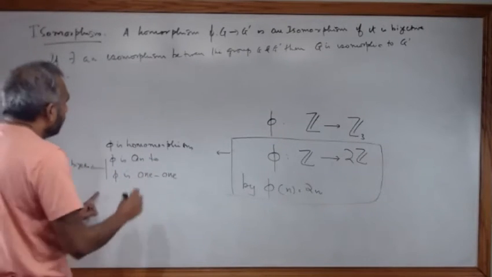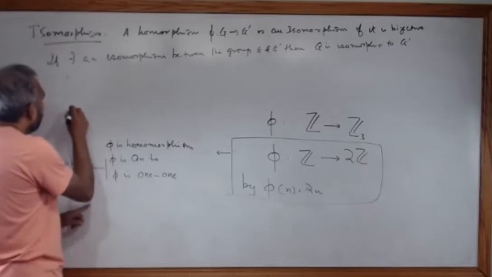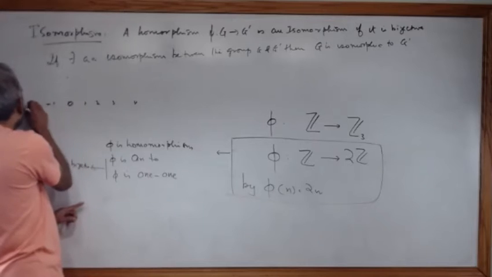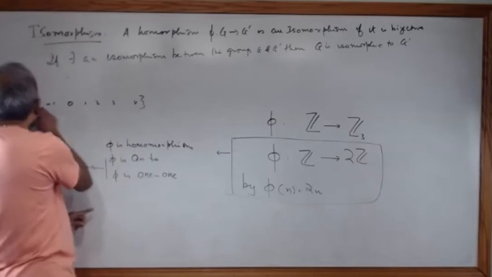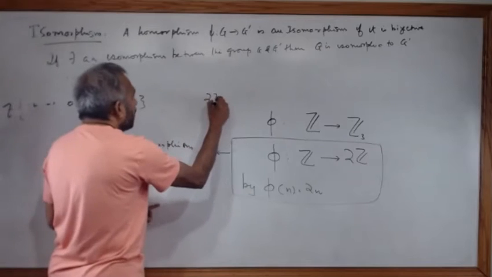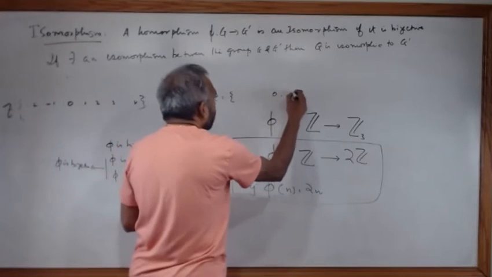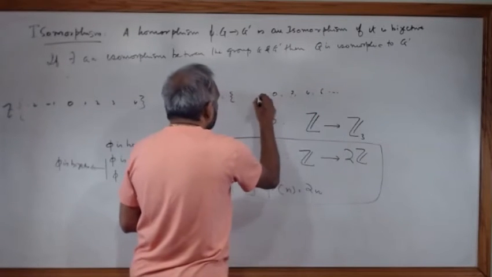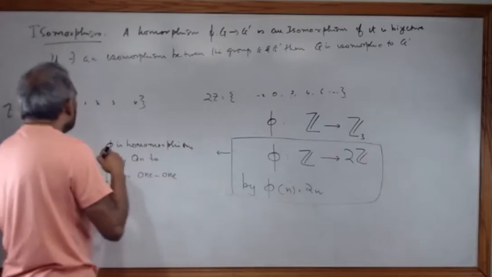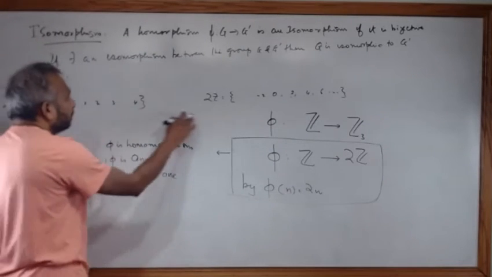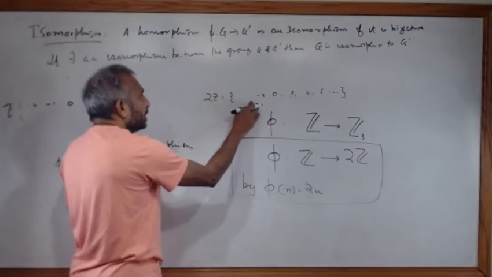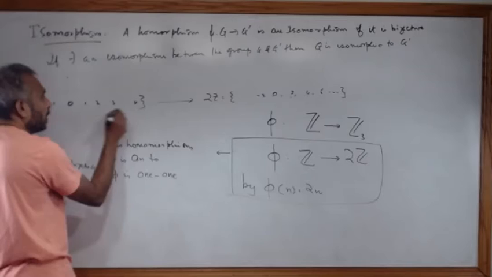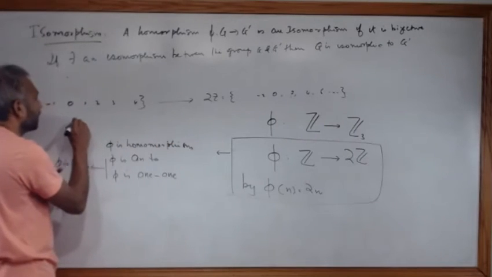So here you have 0, 1, 2, 3, 4, -1, -2, etc. This is our Z. Our 2Z is actually equal to 0, 2, 4, 6, -2, etc. Even though we see that there are some missing elements here, we can still define a homomorphism. This is actually 1-1 and onto. That is because these are infinite sets.